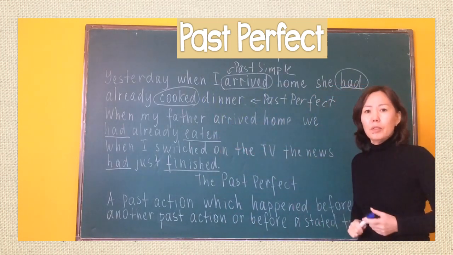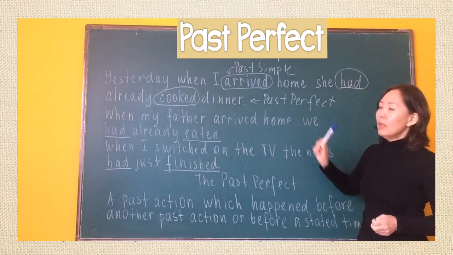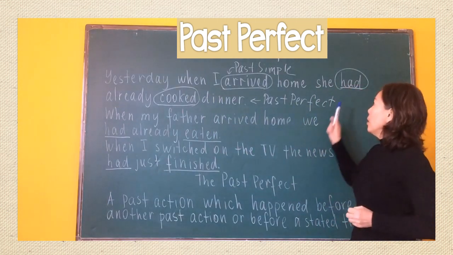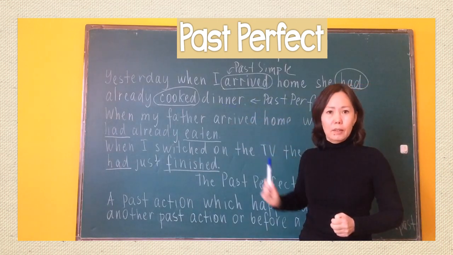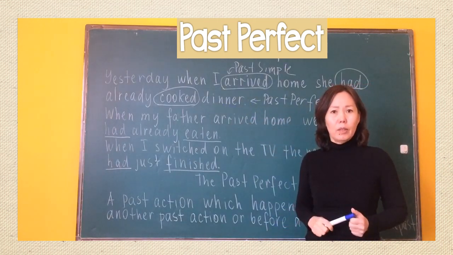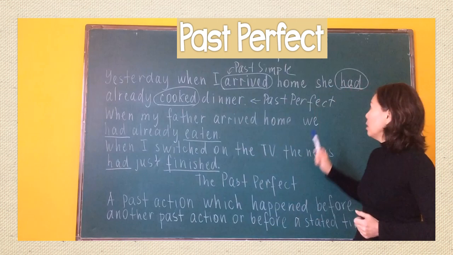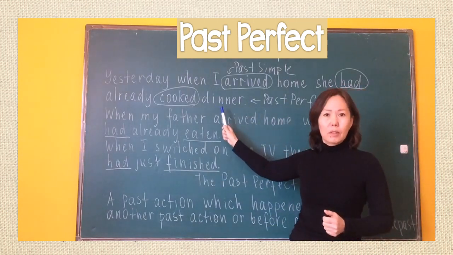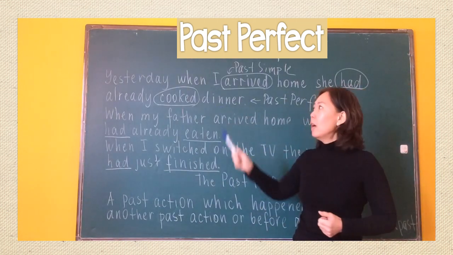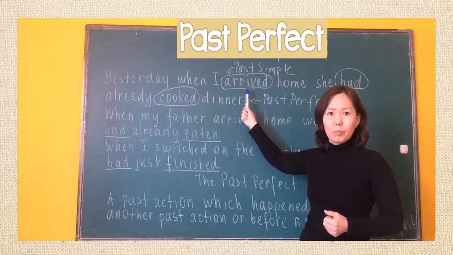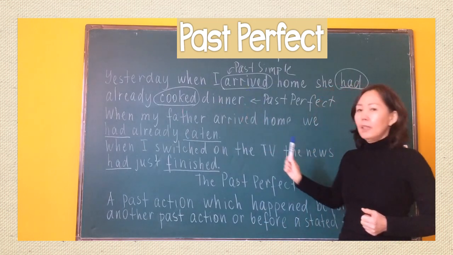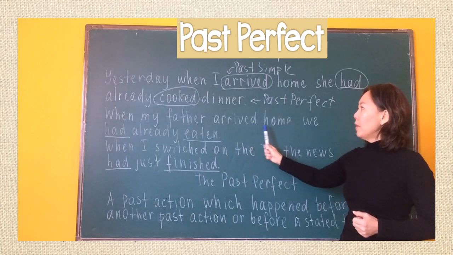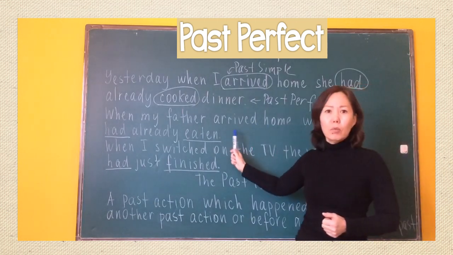Let's look at the first sentence. Yesterday, when I arrived home, she had already cooked dinner. What happened earlier? Yes, that's right. She had already cooked dinner, and later I arrived home. What about the second sentence? When my father arrived home, we had already eaten.